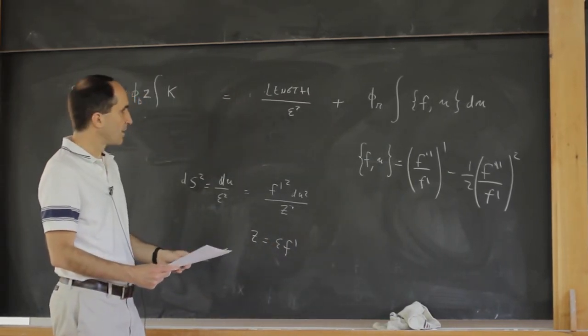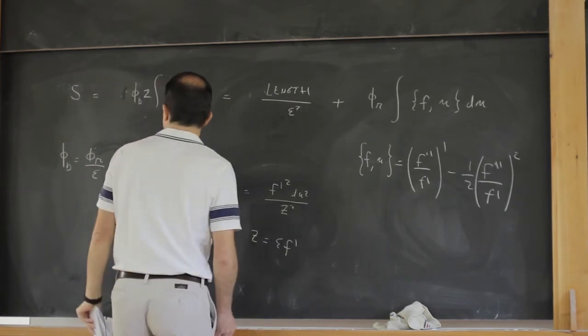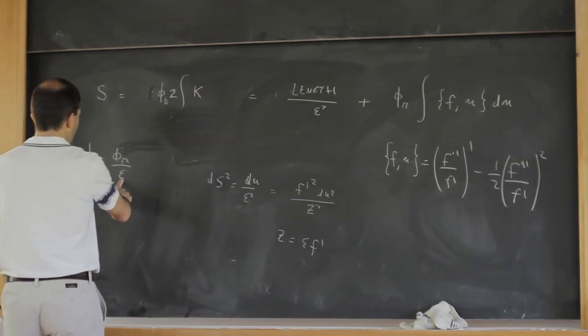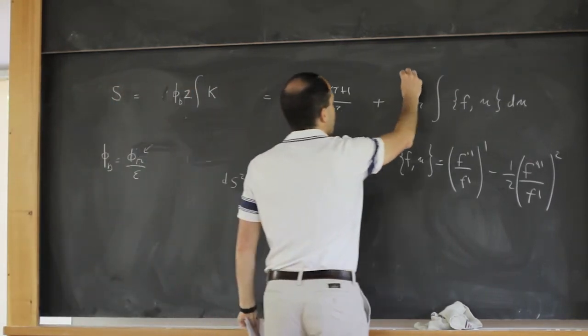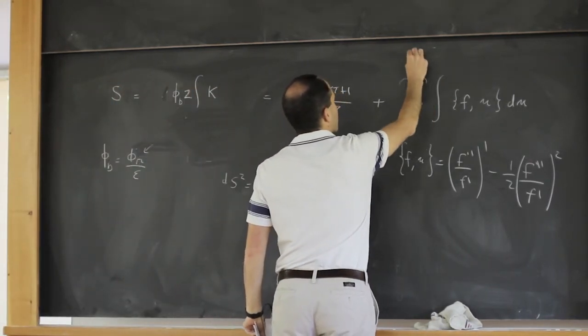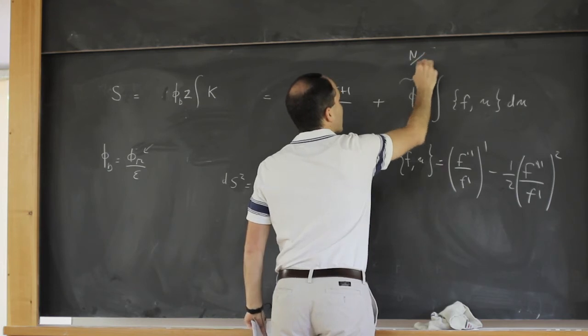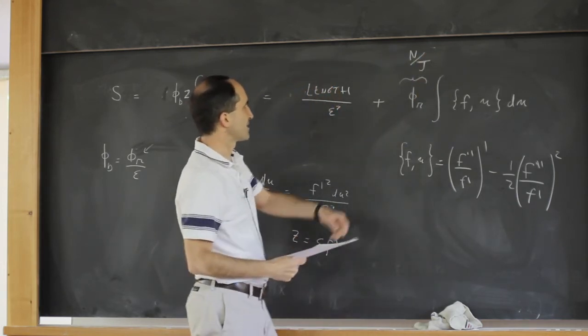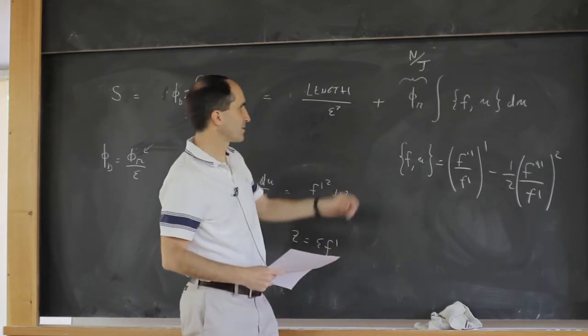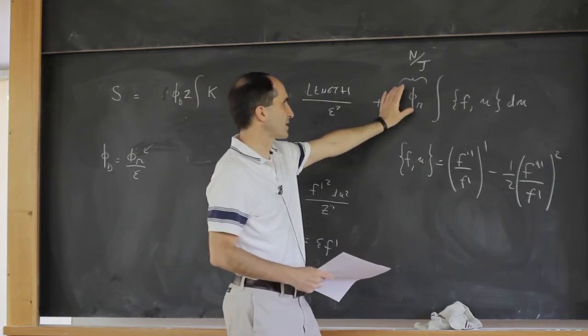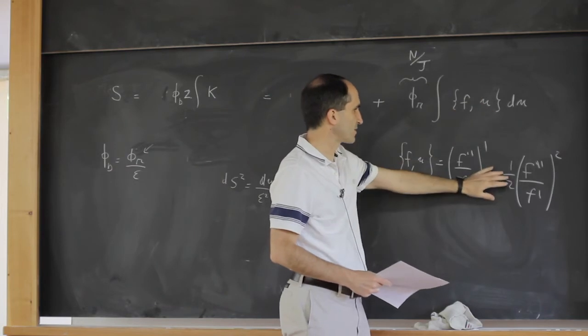Okay. So phi was dimensionless. This has dimensions of length, and so this has also dimensions of length. So this is what in the SYK model was N over J, something that has dimensions of 1 over energy. Here the dimensions of this factor can be read off from the dimensions of this action.